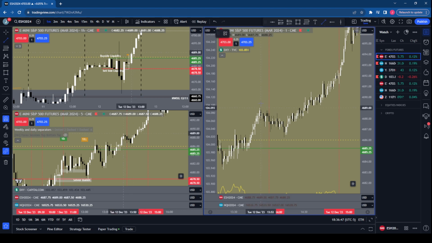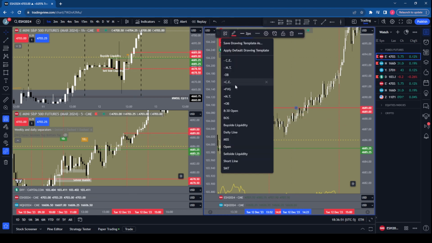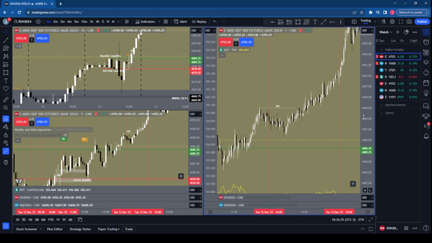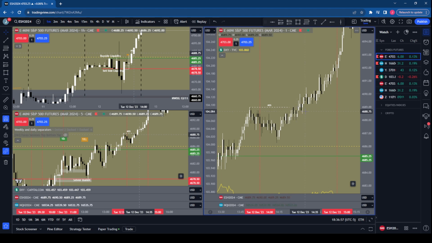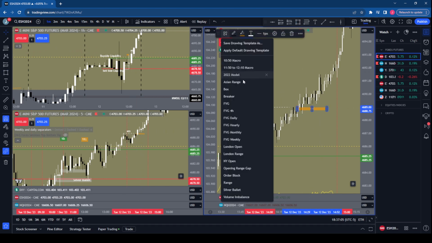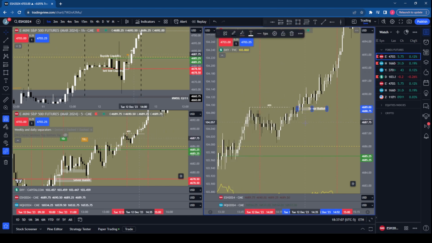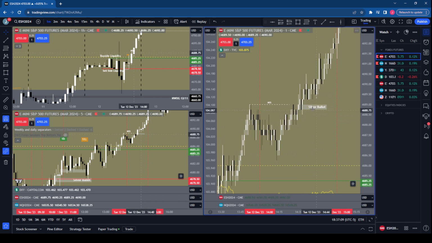In hindsight, you could call out this market structure shift and enter on it. You can make an argument. You could enter on that and say that was our 2 p.m. silver bullet.